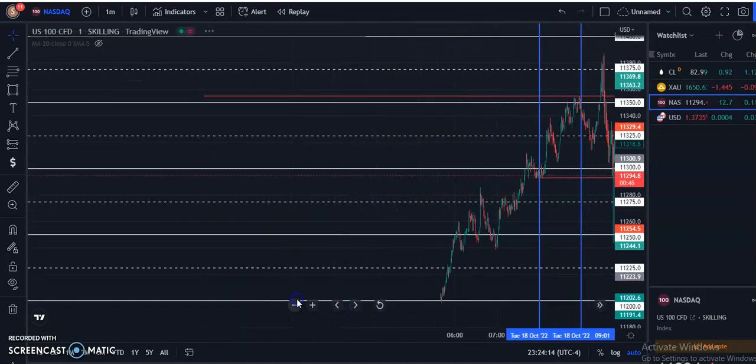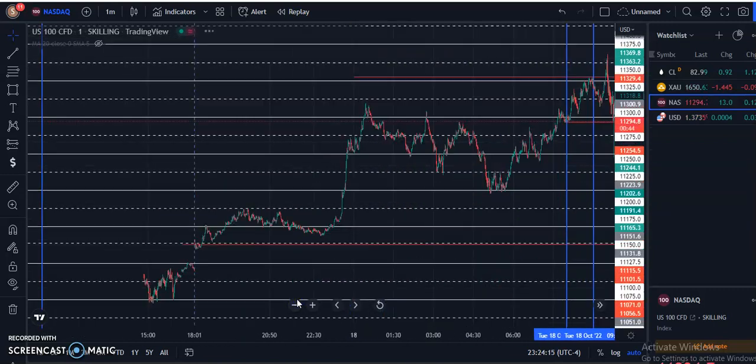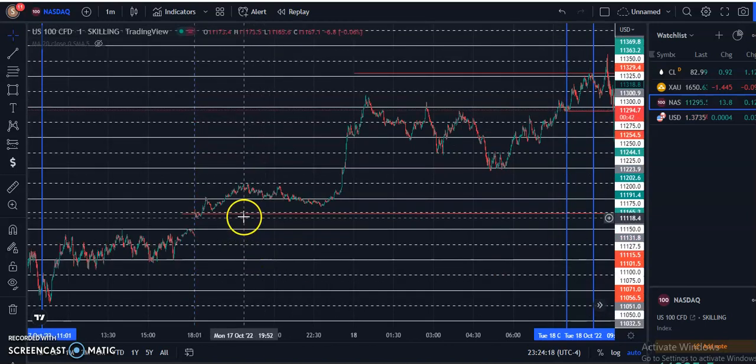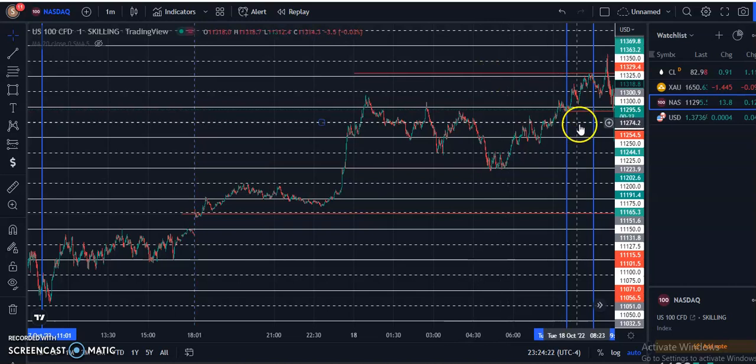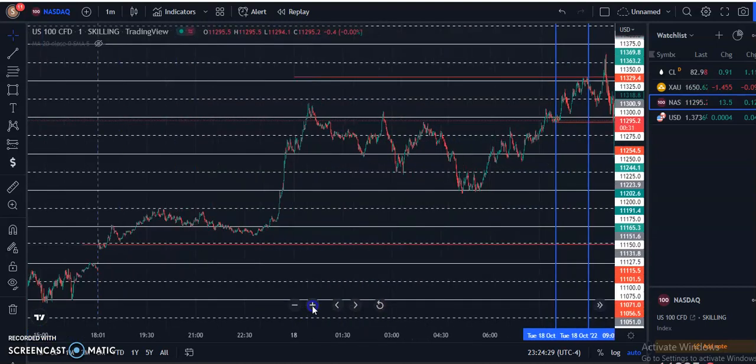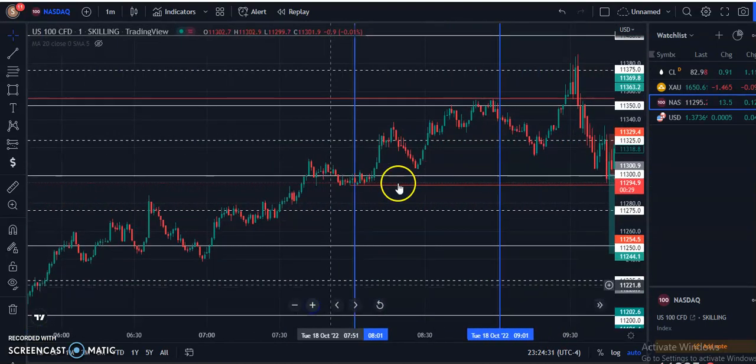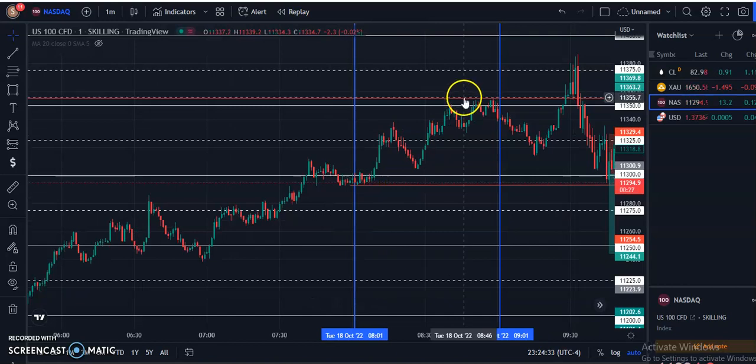We plot our high of the day, low of the day. So this is our low of the day. This is our high of the day, as prior to the New York market open. Now, the first hour sets the high of the session and the low of the session.